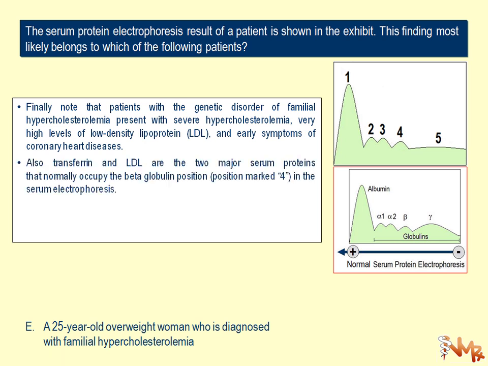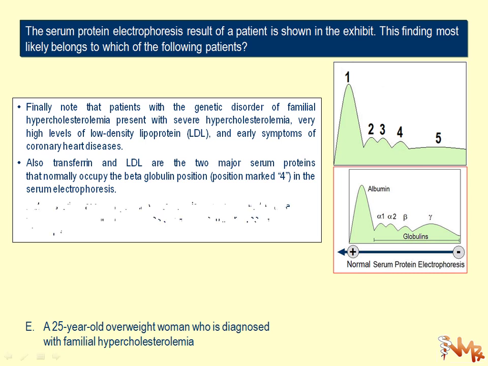I want you to know that transferrin and LDL are the two major serum proteins that normally occupy the beta globulin position, number 4, in the serum electrophoresis.